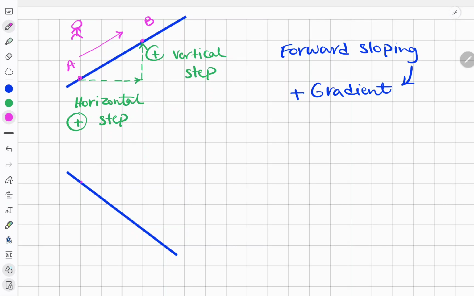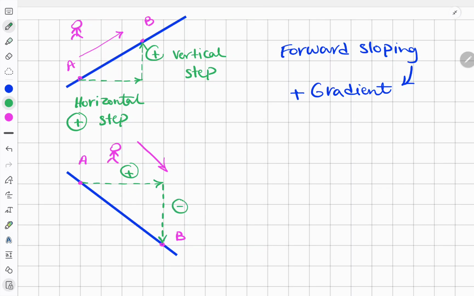Okay, this point A to point B. So someone is gonna move from point A to point B this way. Okay, so first of all, we have horizontal step moving to the right side, which is positive horizontal step, and then go down as vertical step.